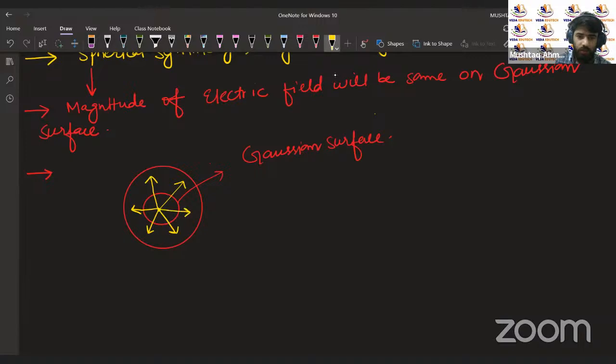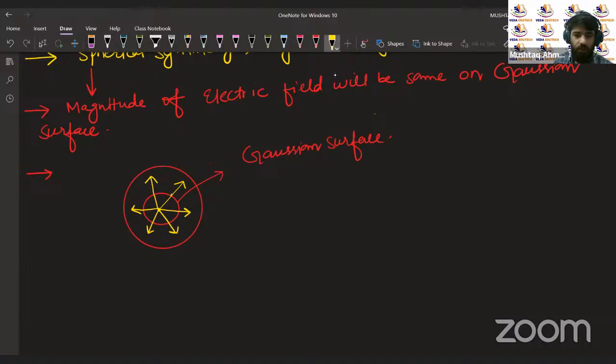The direction of the electric field vector on the Gaussian surface can be different, but the magnitude at every point on the Gaussian surface will be the same. In the case of spherical symmetry, the electric field is directed along the radius, and for a positive charge it is directed along the radius away from the center.